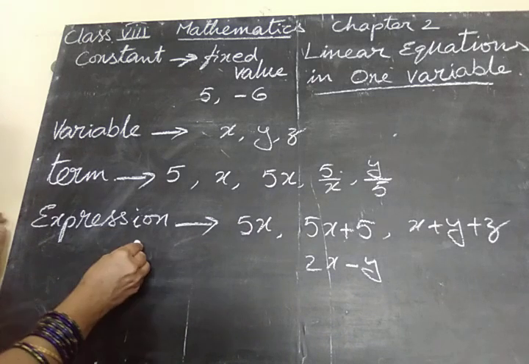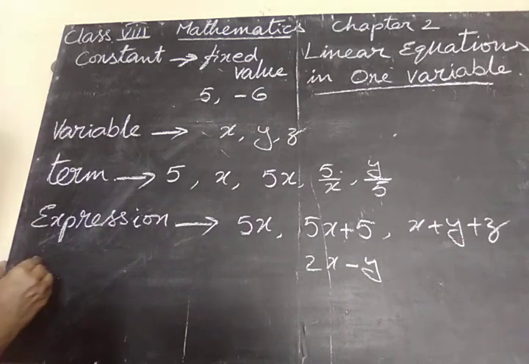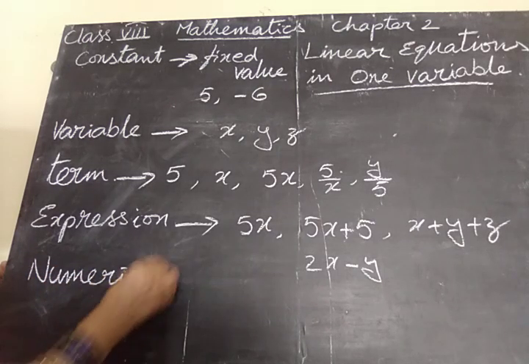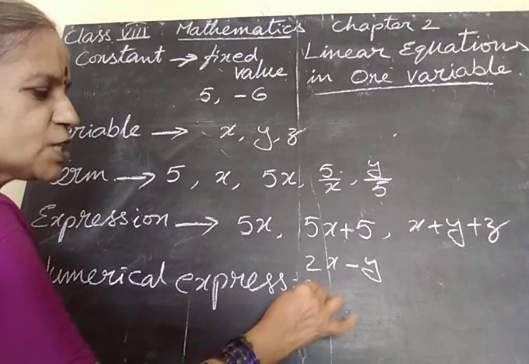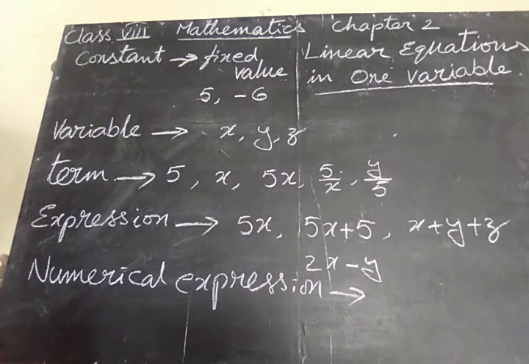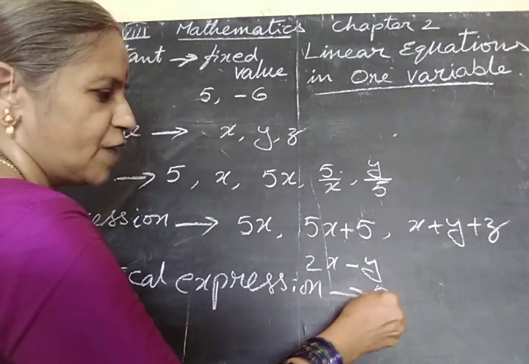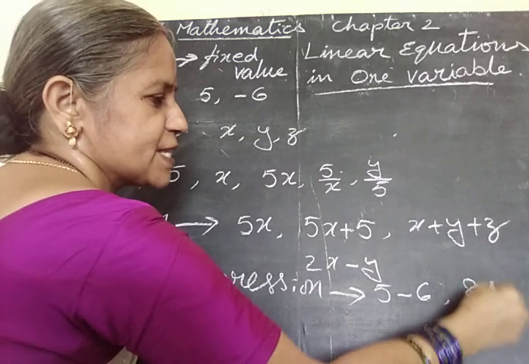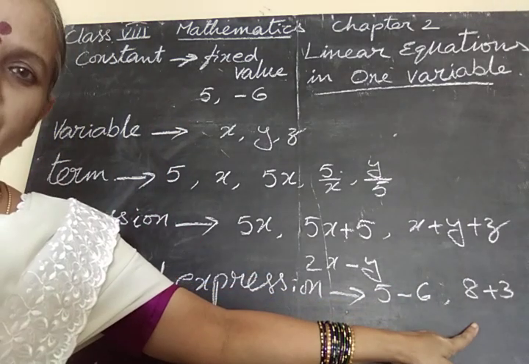These expressions are of two types. One is the numerical expression. What is a numerical expression? It means only with constants, like 5 minus 6 or 8 plus 3. These are called numerical expressions.